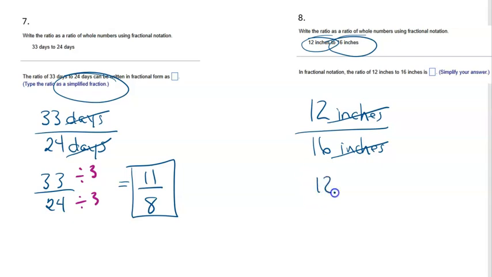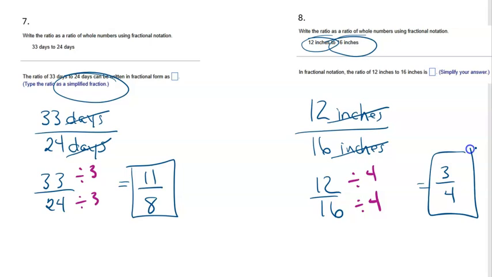I'm left with 12 over 16. But they also have a greatest common factor of, you may see it, it's 4. 12 is a multiple of 4. 16 is a multiple of 4. And when you do 12 divided by 4, it gives you 3. 16 divided by 4 gives you 4. I'm going to do a quick check again.